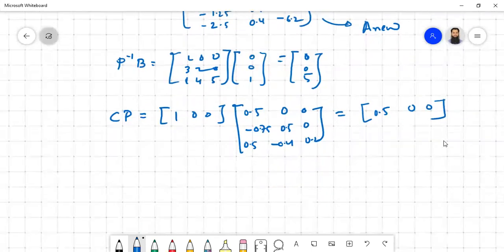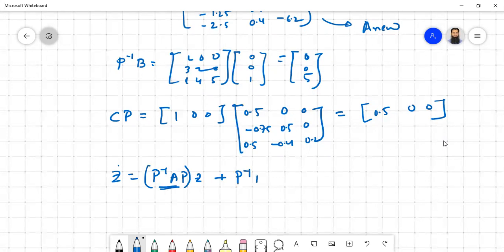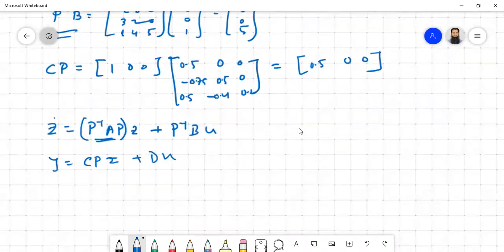Okay, so now the new system, we already know how to represent it: Z dot equal to P inverse AP Z plus, that is the matrix that we calculated, and then you have P inverse B, which is also calculated, U, and then you have Y equal to CP Z plus D. D is unchanged, so we don't have to change it. So just put the values.